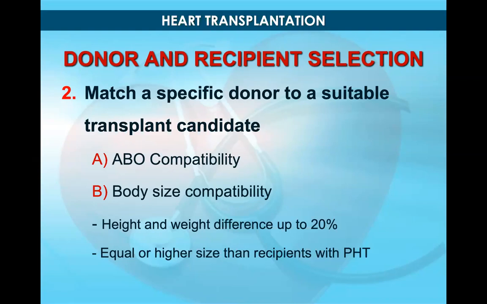So height is considered more, but the weight is definitely considered, and you should not accept a mismatch above 23%. We at King Faisal are very, I don't know the word, I would call it brave, or I would call it crazy, because we do reach 35%, but out of frustration, because we see the patient dying, and we have to help him. And we have to make sure that this heart does not have any other recipient to take.